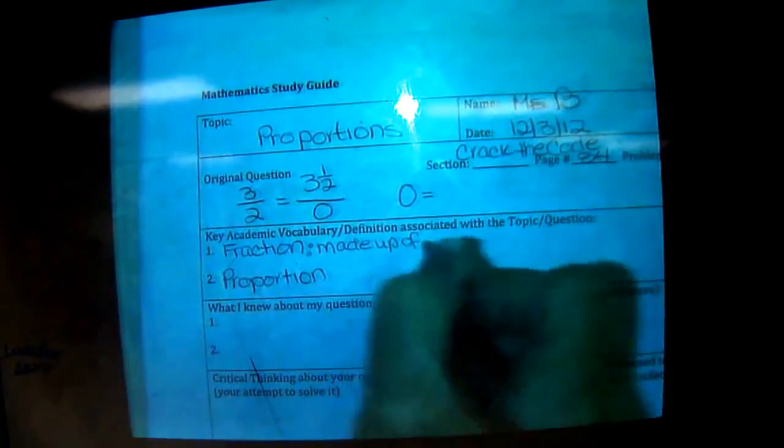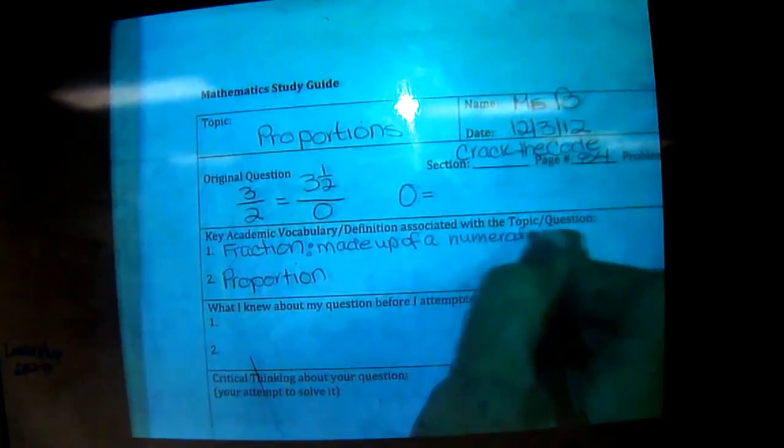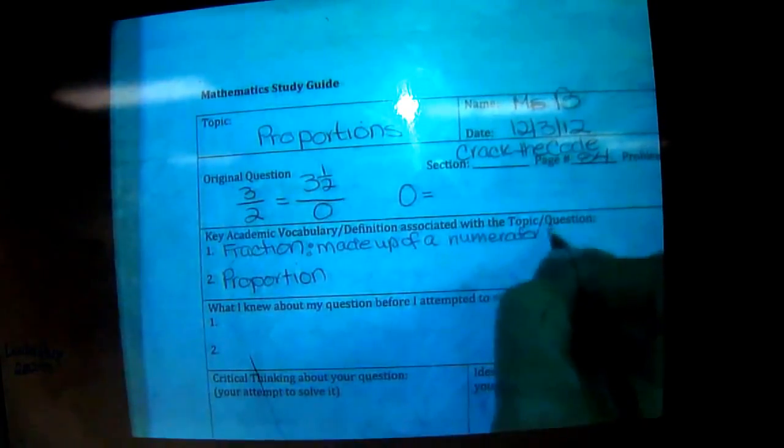Okay, so a fraction is made up of a numerator and denominator. And it's usually a part of a whole, showing a part in a whole. Everybody in agreement?